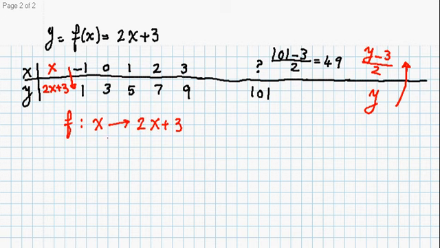This other operation starts at y and goes to y minus 3 divided by 2. This is called the inverse function. It's shown with the letter f, and we put a minus 1 on top of that to refer to the inverse operation.